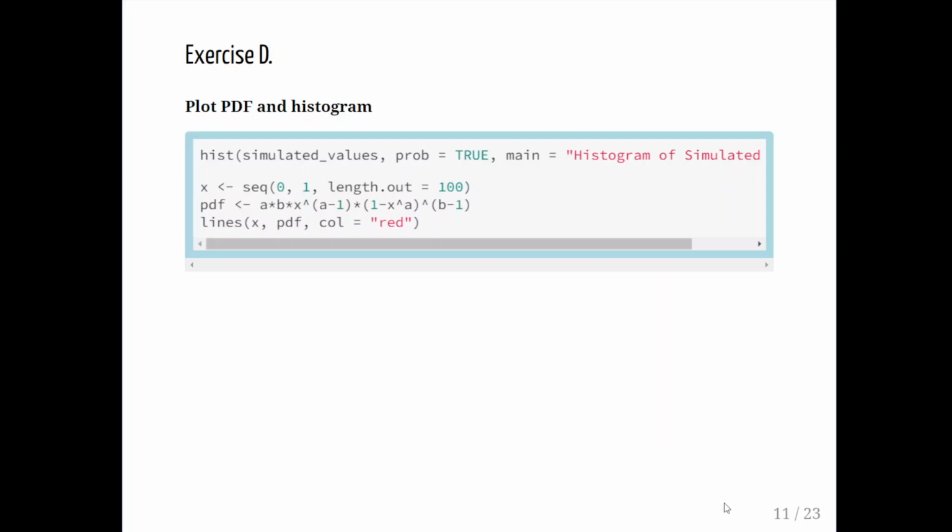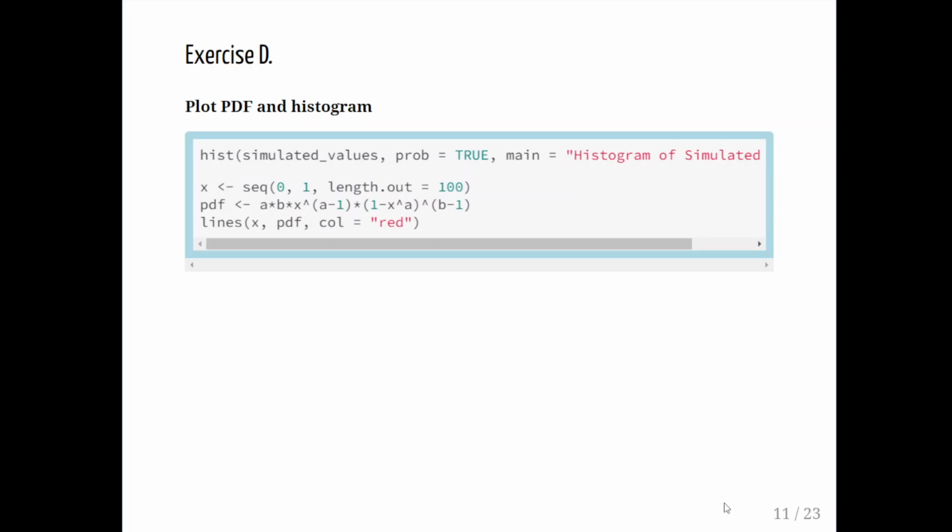So we have to set up x, which is the x-axis points, again 0 to 1 in increments. We're going to create the PDF. The middle line of the bottom set of code is the PDF function, just a statement of the PDF written in code: a times b times x to the power of a minus 1, times 1 minus x to the power of a, all to the power of b minus 1.